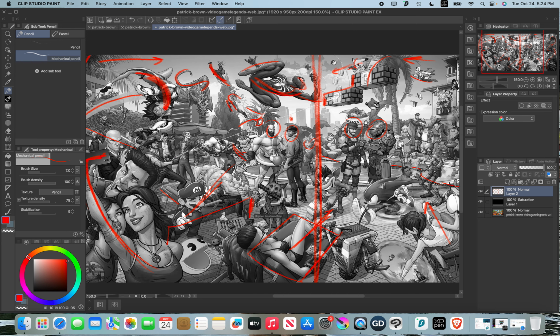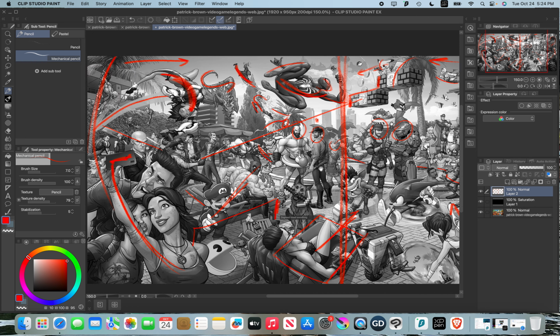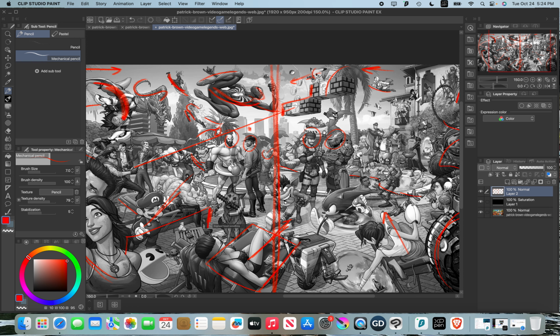You could say this is a converging line that hits up here, which is pretty clever, right? So there's lots of converging lines. There's lots of lines that carry through the piece. Like we have this big shape here.